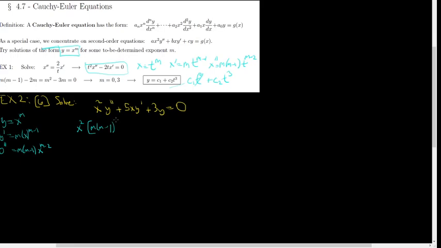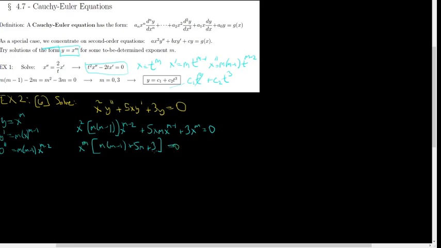m times m minus 1 times x to the m minus 2, plus 5 times x times y prime, which is m x to the m minus 1, plus 3 times y, which is 3x to the m, equals 0. So x squared times x to the m minus 2 is just x to the m. Then we have m times m minus 1 plus 5m plus 3, and I just factored out the x to the m.